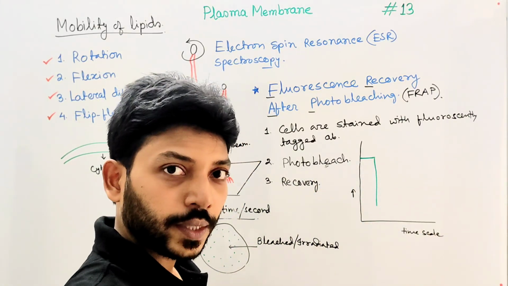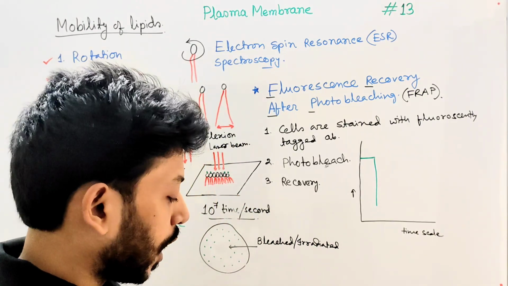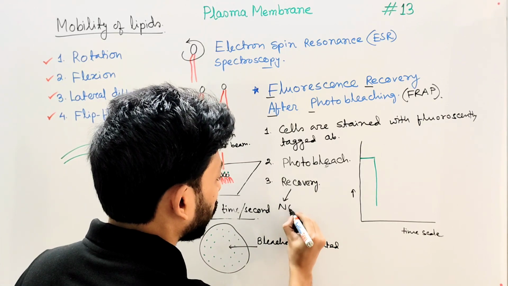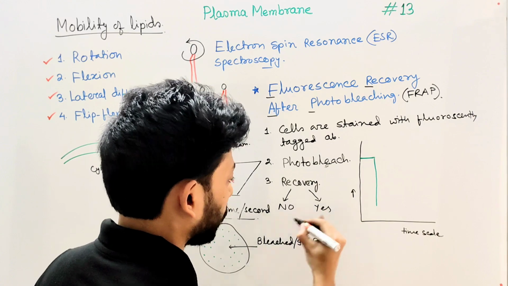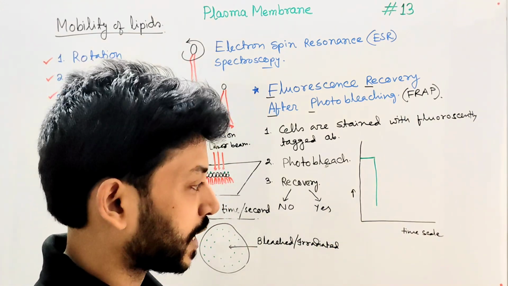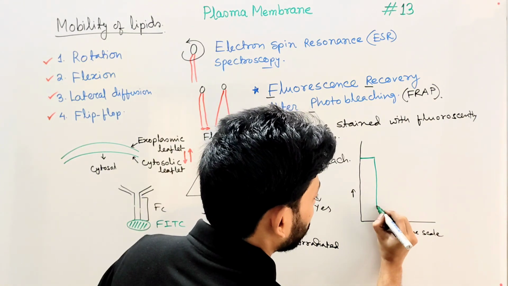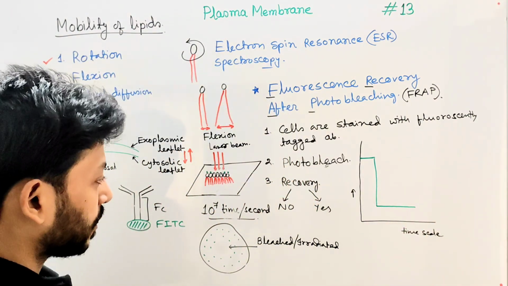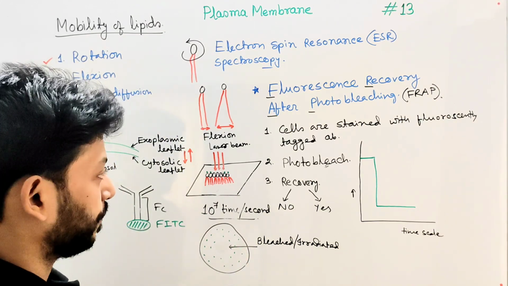It will fall. Now two events can occur. One is there is no recovery of the fluorescence, or yes, there is a recovery. If there is no recovery, the fluorescence will remain like this. No recovery means these lipids cannot diffuse laterally.